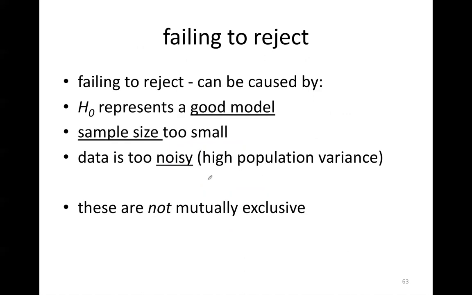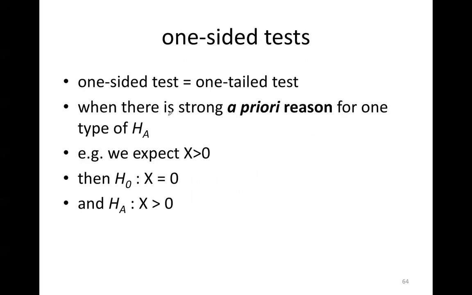I also added that these are not mutually exclusive: the data might be noisy, plus the sample size might be small, plus the null hypothesis might be a good enough model, perhaps not the exact representation of reality, but close enough, and we might be failing to reject.